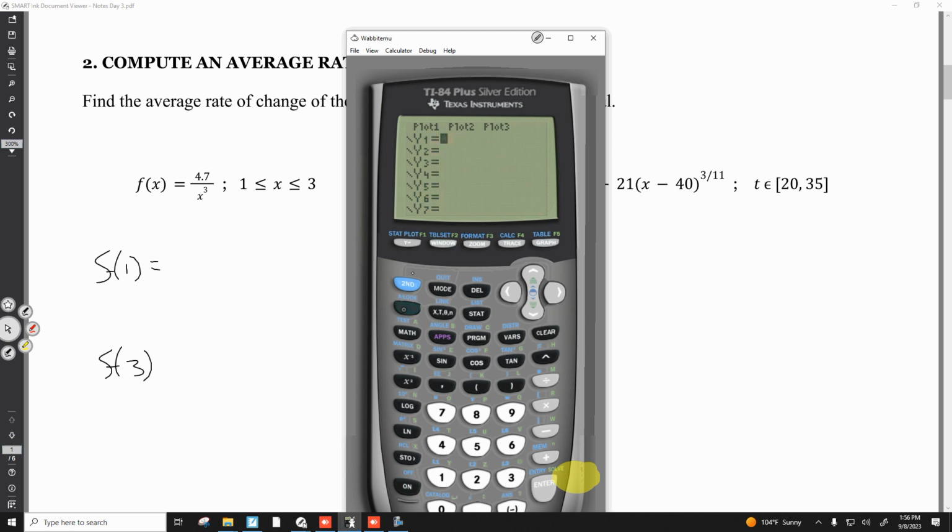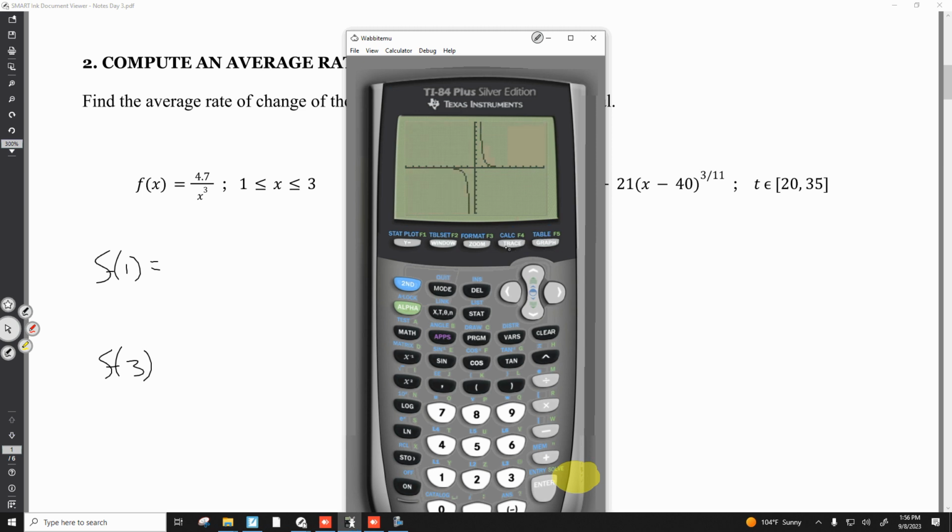Again, you should just pay attention and see different ways to do the same thing. This is one way to do this. This is not the only way. Obviously, you could just plug 1 and 3 into this and get the Y values. But let's say you want to use the graphing calculator's capabilities.